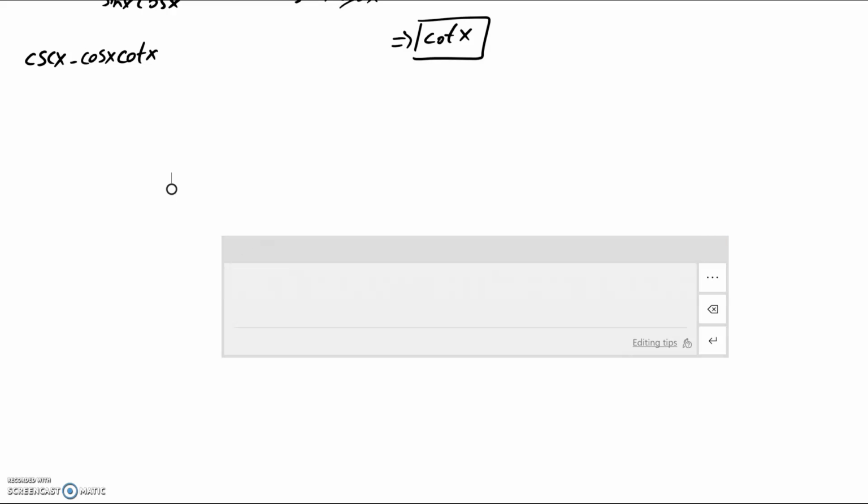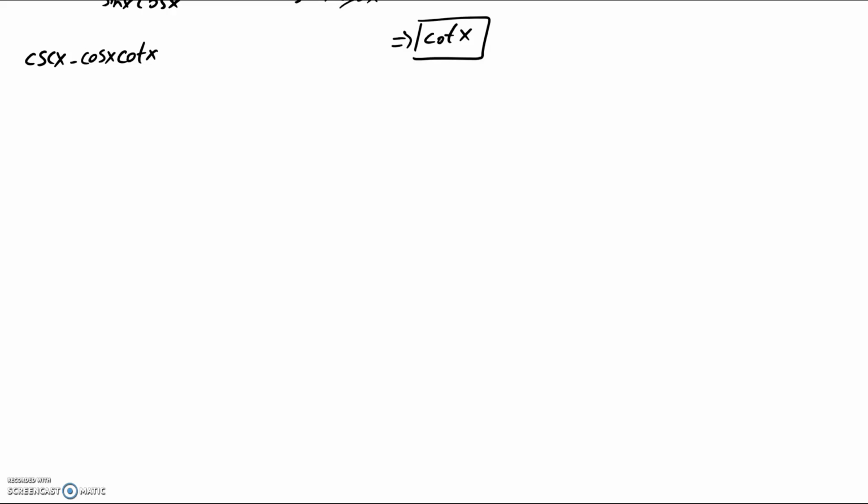Okay, now cosecant x is 1 over sine x minus, I will keep cos x, cot x identity is cos x over sin x. Okay, I'm just going to rearrange this expression, and it's going to be 1 over sin x minus cos x times cos x will become cos squared x over sin x.